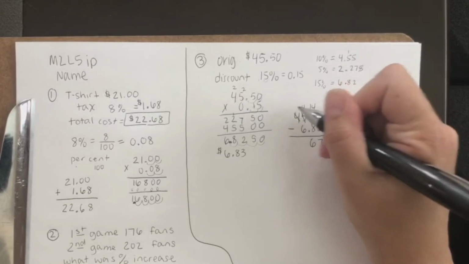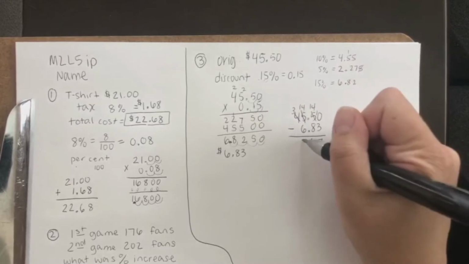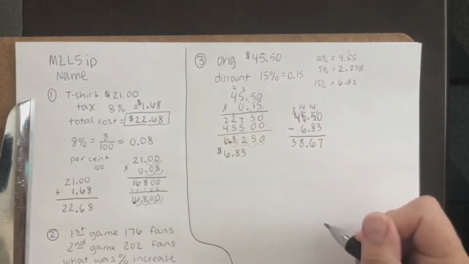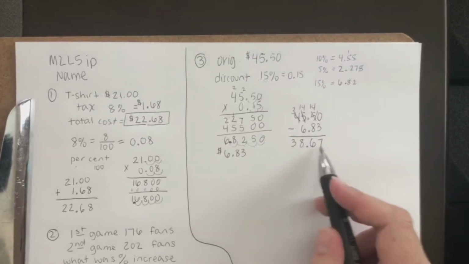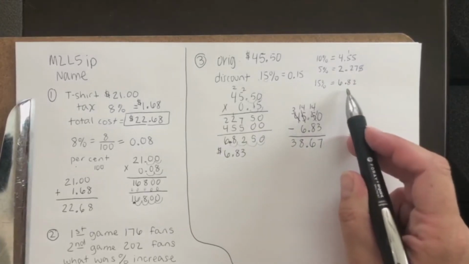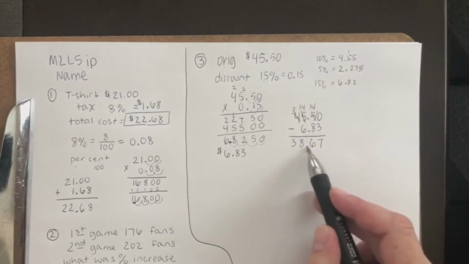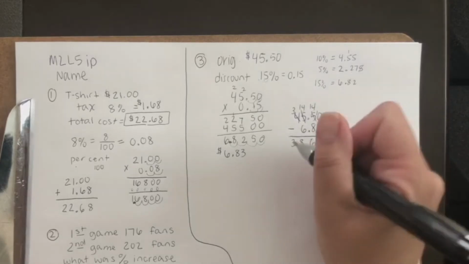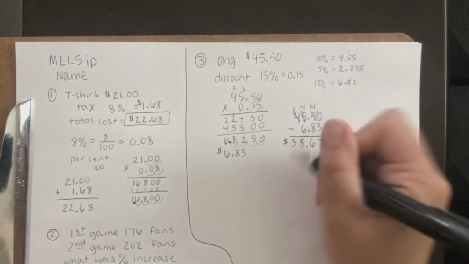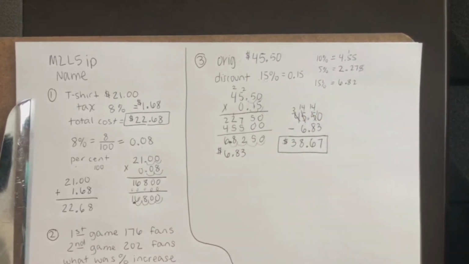And then we need to borrow again. 14 minus 6 is 8. And then 3 minus 0 is 3. So the new price is $38.67. And when I did my estimation in my head and kind of showed you what I was doing, I was right there at $38 to $39. So let's just circle that one or box that one.